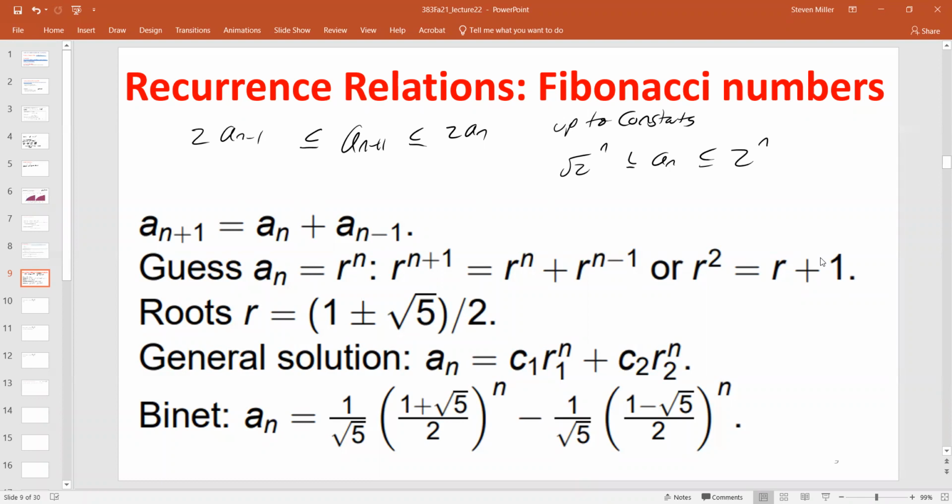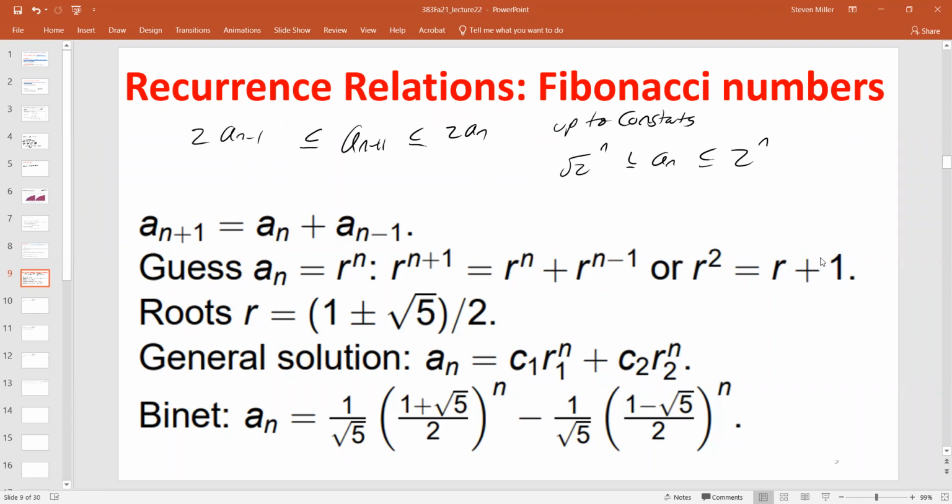We get r^{n+1} = r^n + r^{n-1}. So we can remove an r^{n-1}, because that extra factor of r^{n-1} just gives you as a solution r equals 0. Okay, well, yes, I could define a_n to be 0^n, and that will solve this equation, but it's going to be a really boring solution.